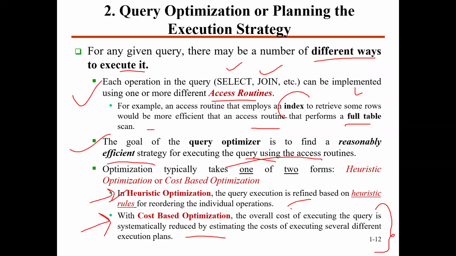So there are 2 ways in which the query optimizer finds the best query to execute: based on cost based estimation or based on heuristic estimation. We covered cost based just now, and now we are going to see the heuristic optimization.